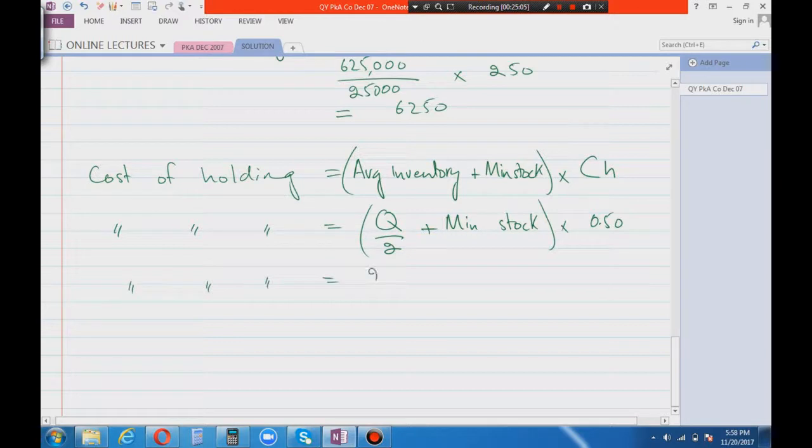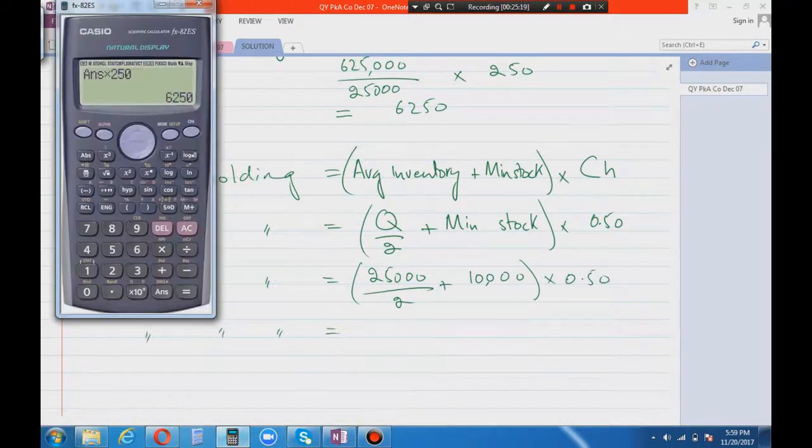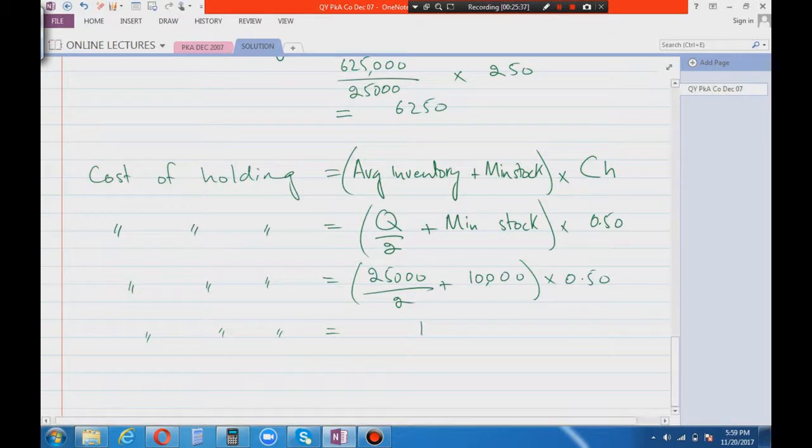This time quantity is 25,000 divided by 2 plus minimum stock 10,000 multiplied by 0.5, and cost of holding would be 25,000 divided by 2 plus 10,000 multiplied by 0.5, and this would cost you 11,250 euros.